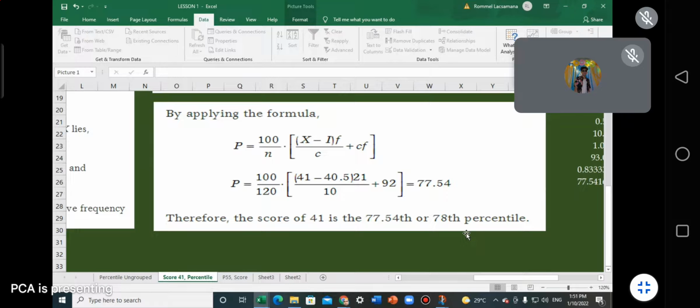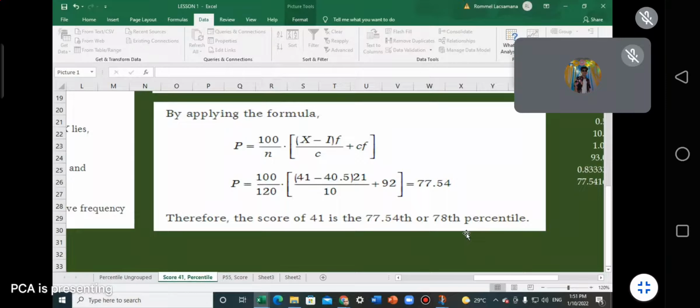So percentage is being used here. 78% of the population of 120 got a lower score than this student who has 41. So 78% got scores below 41. And then 100% minus 78 is 22. Am I right? Yes, it's 22.